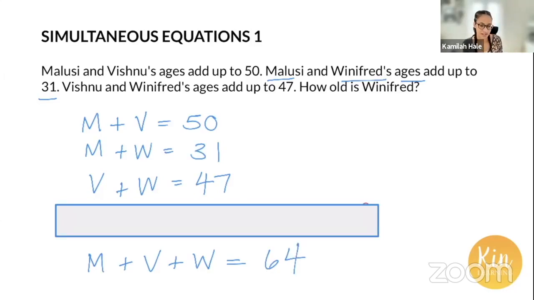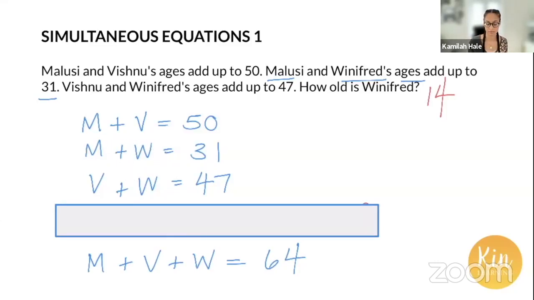Well done. Okay, so Winifred must be 64 minus 50. The extra amount is due to her age. So Winifred is 14.